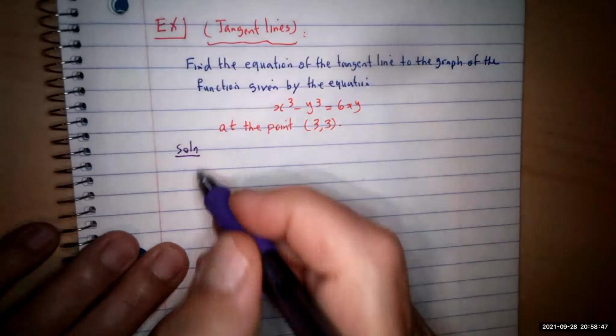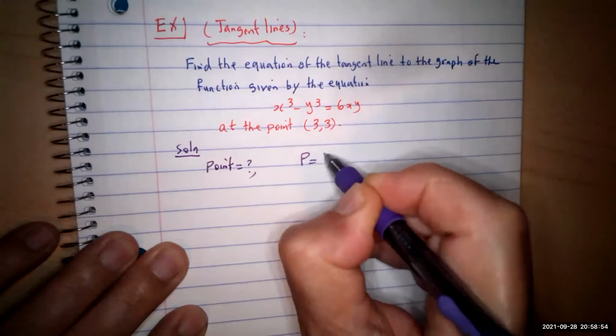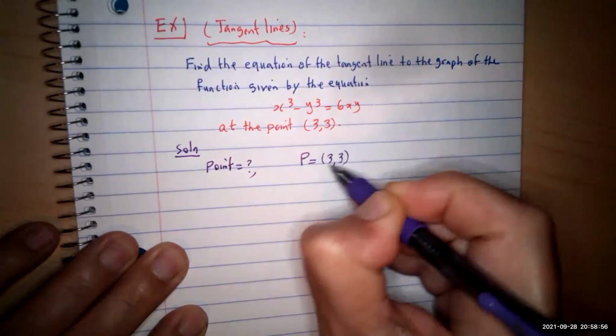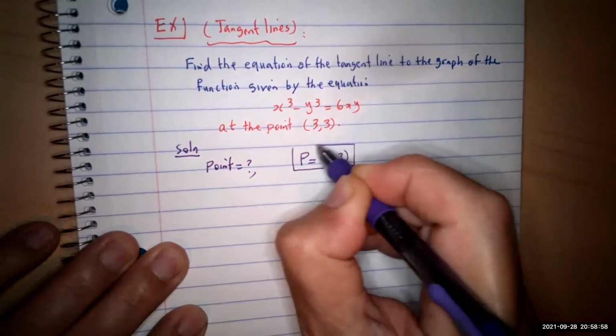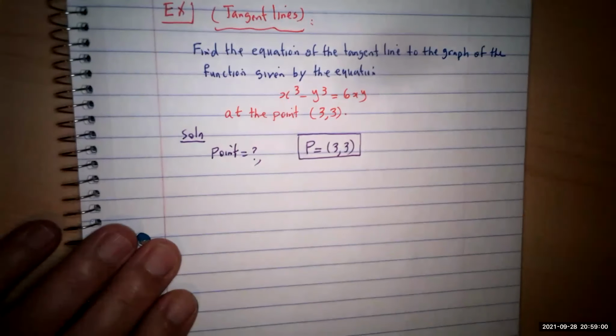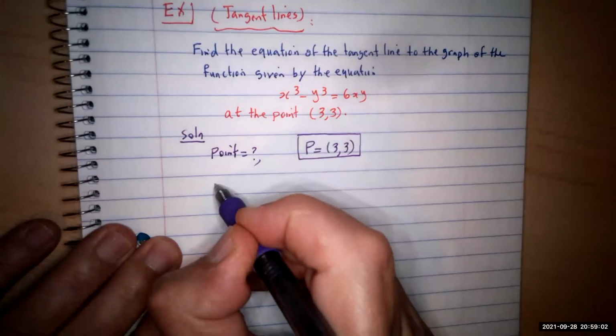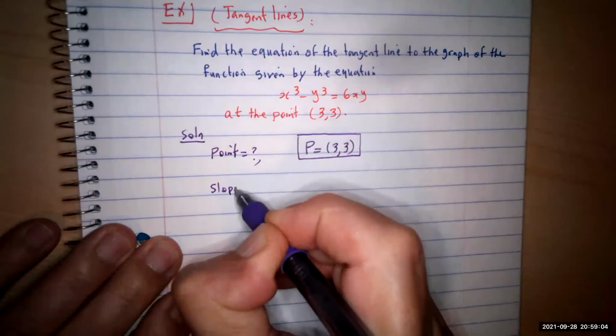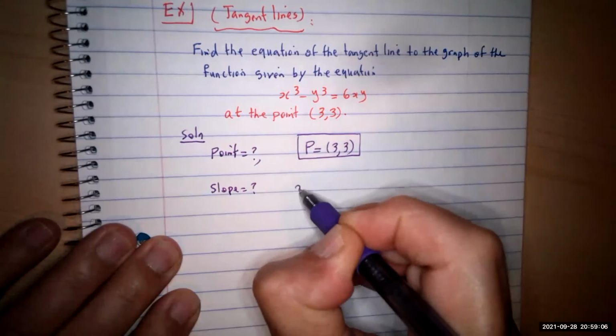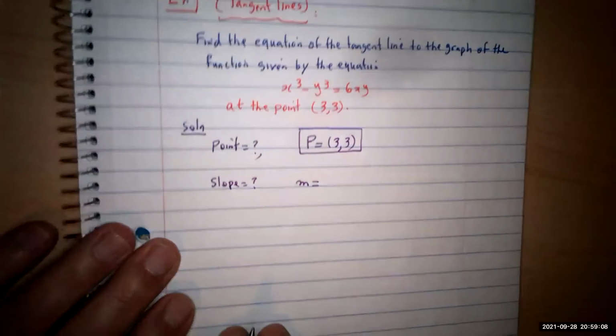So you talk to yourself that I need a point. The point is given to you. So the point is 3, 3. But you need the slope. The slope m is what? The derivative.